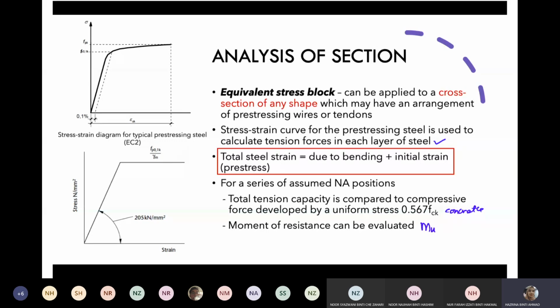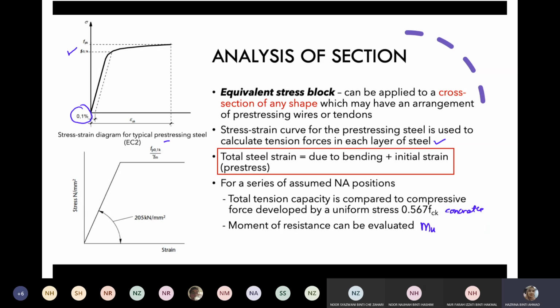For pre-stressing steel, we use the value of the proof stress, which is determined based on the 0.1% offset. For normal steel or conventional reinforcement, we usually refer to FYK, where the offset value is 0.2%, which is this value.